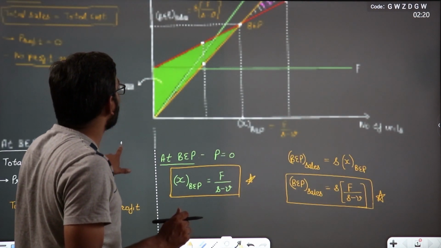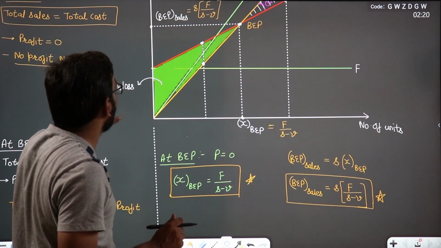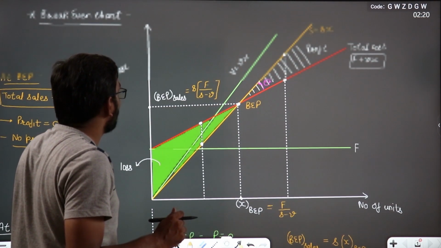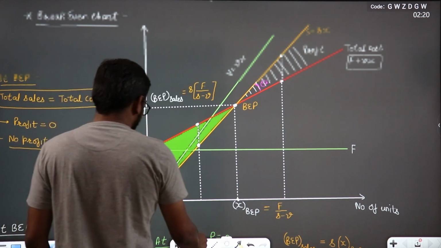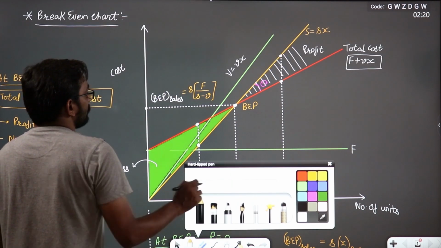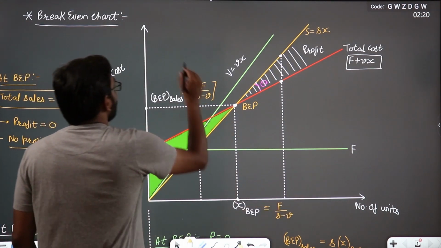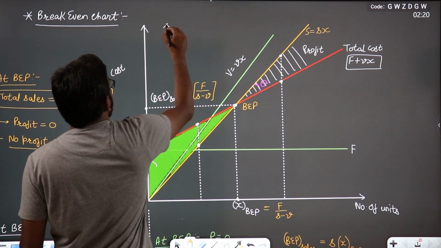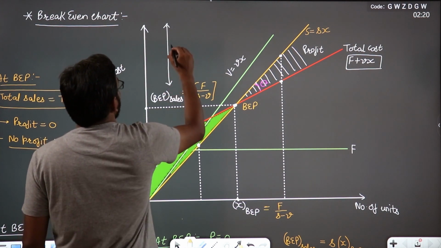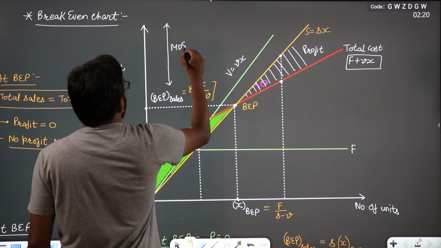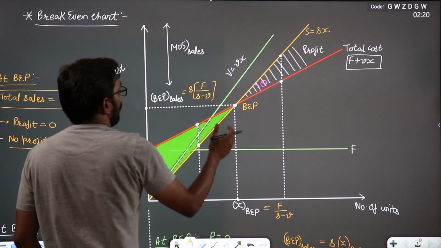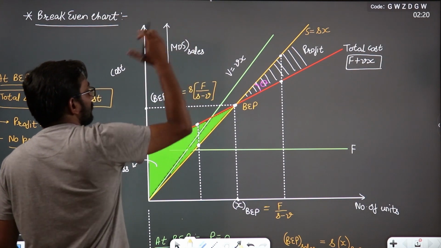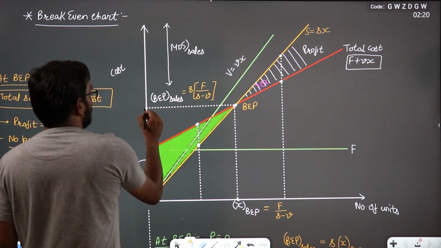If you see this diagram, we make this break-even chart here. From here you can see that this is your margin of safety sales, right? How far you are from this danger point, that is break-even point sales.